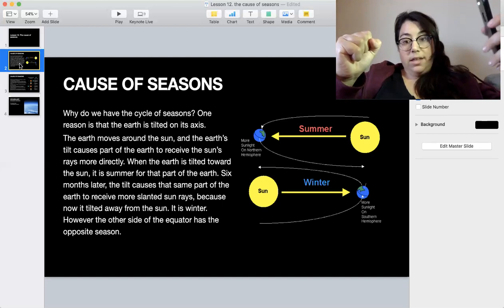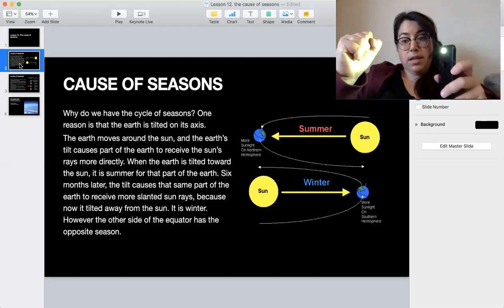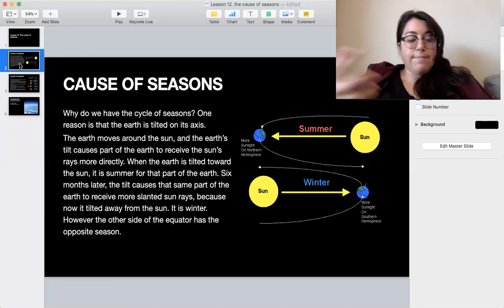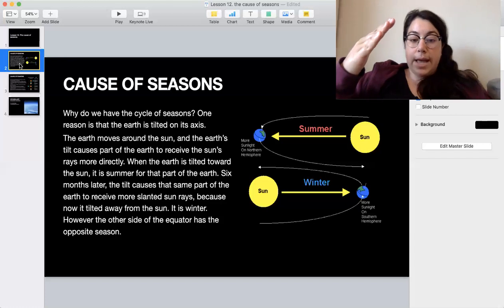Since it's slanted, it's not as focused, it's not as high. See? If I put it like this, closer and direct, there's more light. If I put it farther away and slanted, there's less light. Okay, that's a version of what happens with the seasons, with the earth tilted to one side, okay?